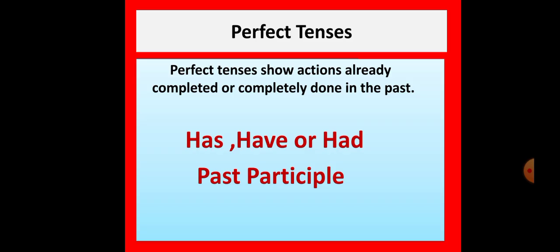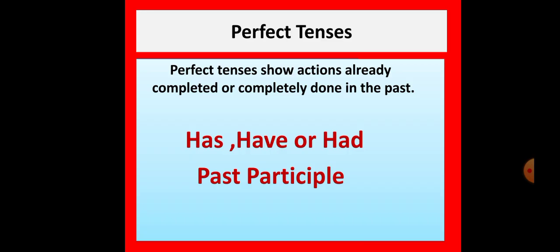Yes, let's see what is perfect tenses. The perfect tenses show actions already completed or completely done in the past. These tenses are also called simple perfect tenses. These tenses are easy to identify as the verb phrase consists of has, have or had plus past participle form.